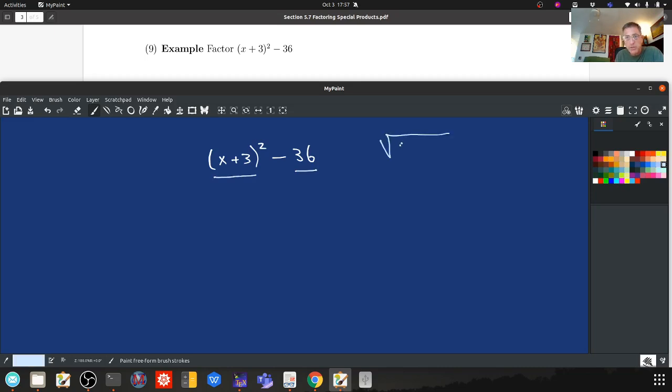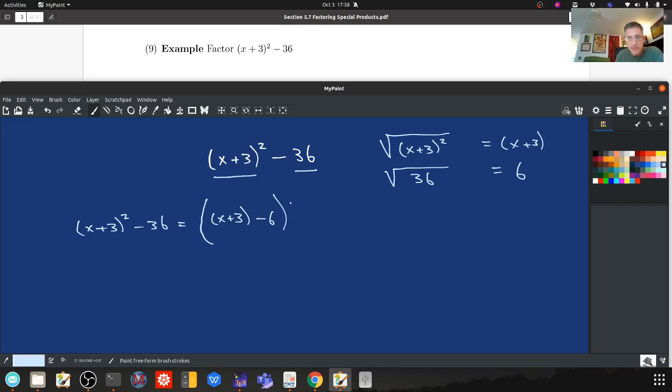So what is the square root of x plus 3 squared? Oh, it's just x plus 3. What is the square root of 36? Oh, that's just 6. So this has the following factorization. x plus 3 squared minus 36 is equal to x plus 3 minus 6 times x plus 3 plus 6.